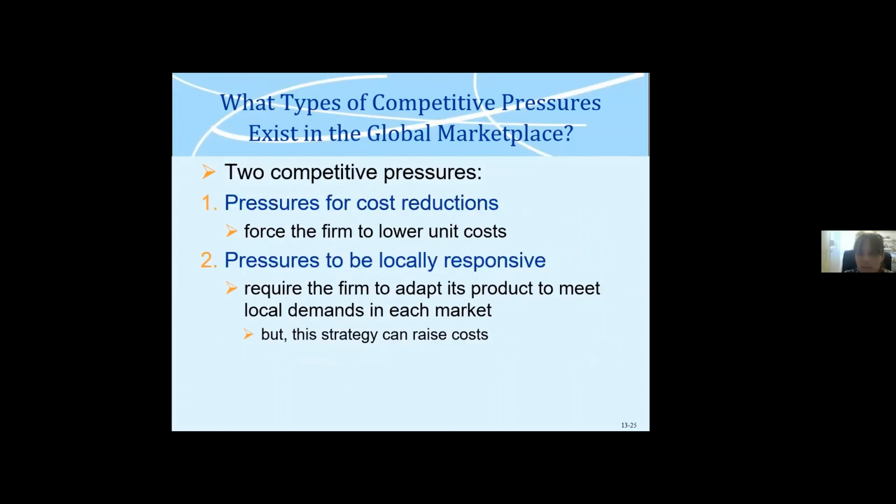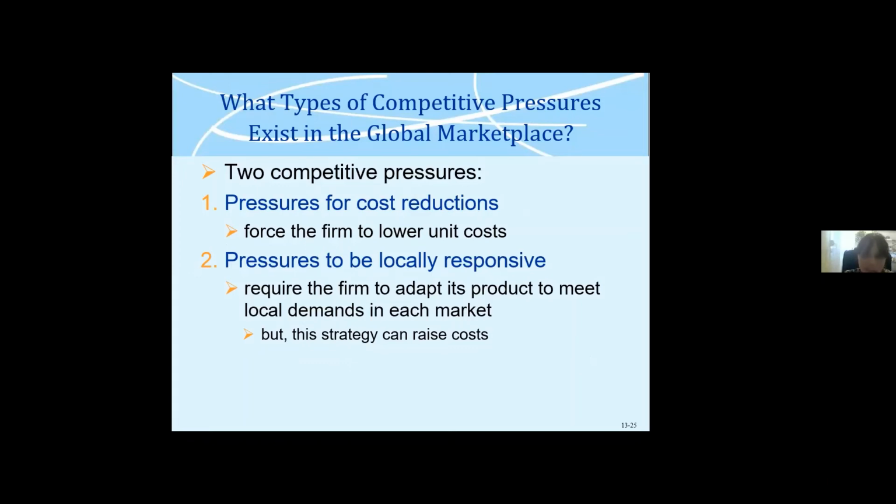Most of the firms that operate globally face pressure for cost reduction and pressure to be locally responsive. These competitive pressures place conflicting demands on a firm.